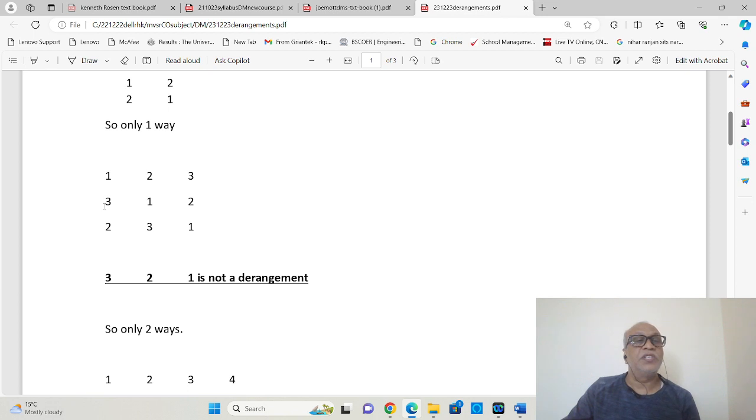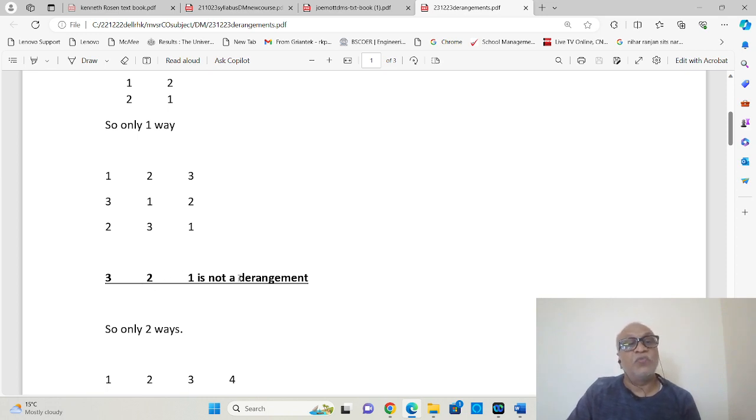So 3, 1, 2 is one arrangement. 2, 3, 1 is one arrangement. 3, 2, 1 is another. Here the first two, 3, 1, 2 and 2, 3, 1, are examples of derangement, while 3, 2, 1 is not an example of derangement. Why? Because 2 is in its own position.